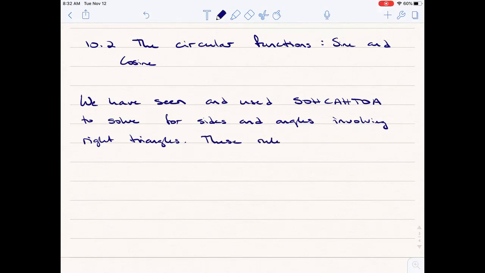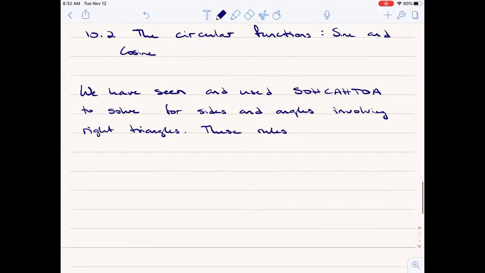These rules only apply to acute angles, right? Angles less than 90 degrees, because that right angle is going to be the biggest angle in there.